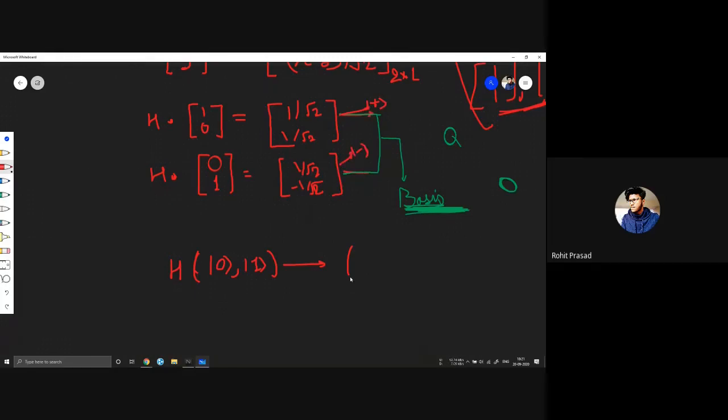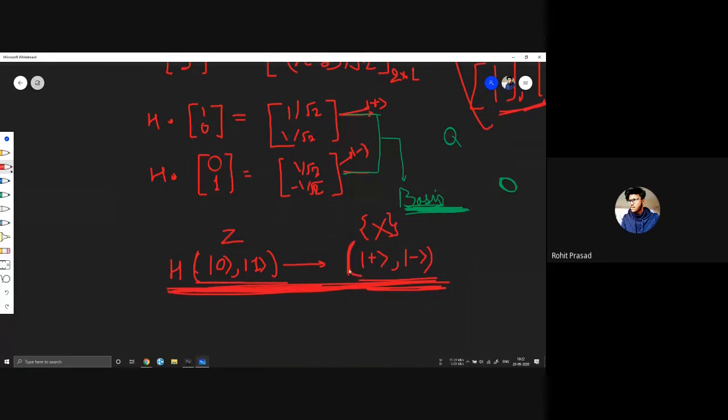So it takes the measurement basis from 0, 1 to another basis, that's 1, minus 1. So the Hadamard is also widely used for going from one basis to another. And for information, this is your measurement in Z basis, and this is measurement in X basis. We will see about this when we learn about the Bloch sphere.